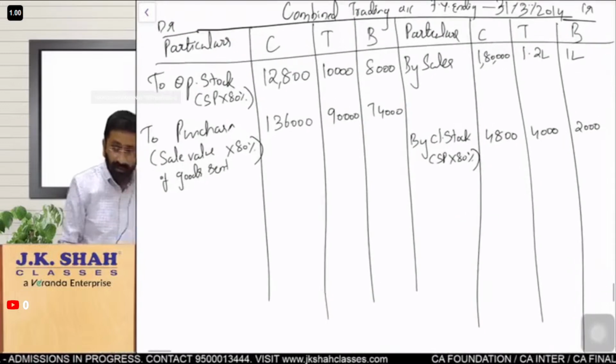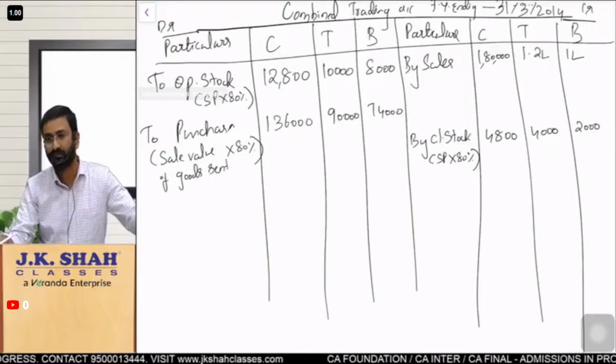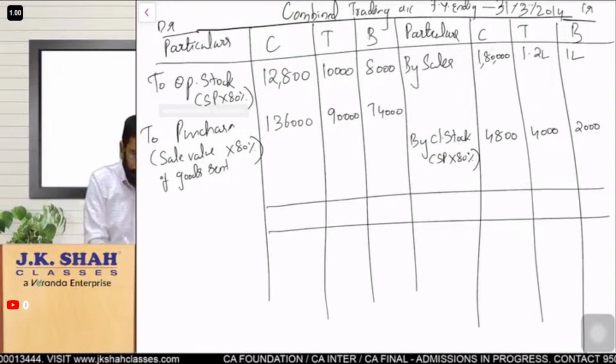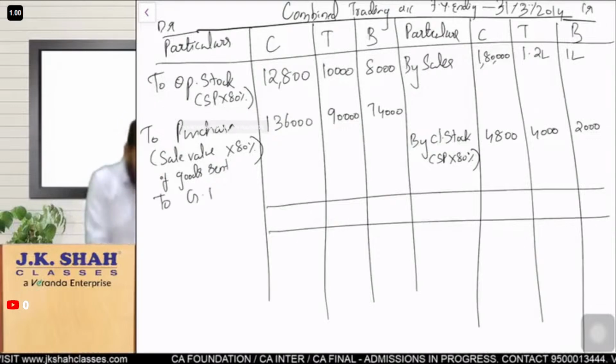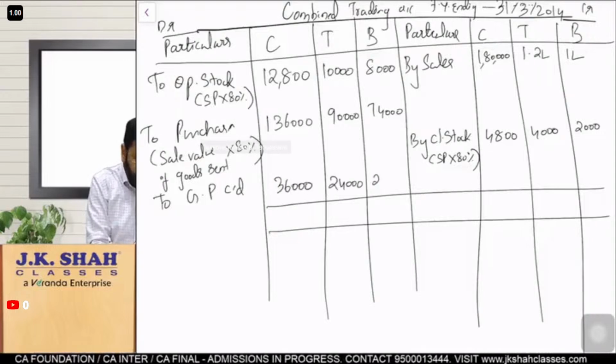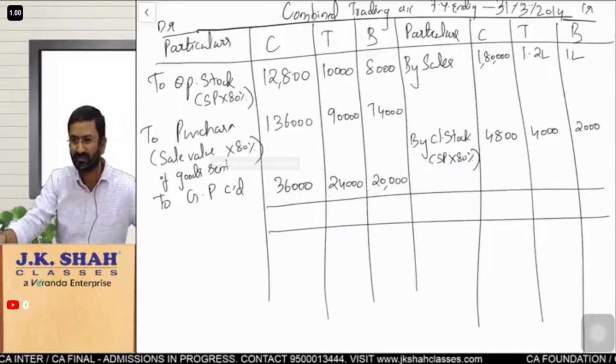Either you find GP as a balancing figure or you know it is 20%. To gross profit 36,000, 24,000, 20,000. Verify. It's 20%. No, it's 20% on sales.